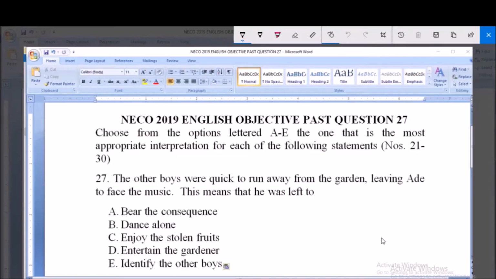Good afternoon, welcome. This is NECO year 2018 English objective past question, question number 27. The instruction here says choose from the options lettered A to E the one that is the most appropriate interpretation to each of the following statements.